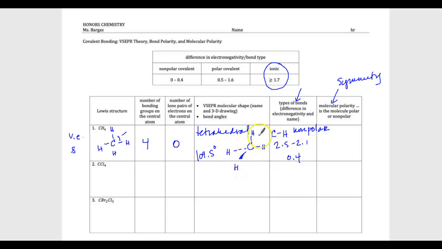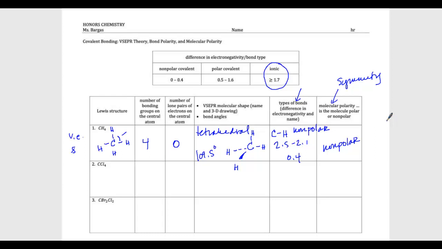Right? If I looked at this molecule, you should know this. It's a little bit hard to see. If you have a tetrahedral molecule with all of the same atoms attached to it, so 4 of the same, that is a nonpolar molecule. The electron density surrounding that molecule is the same all the way around it.